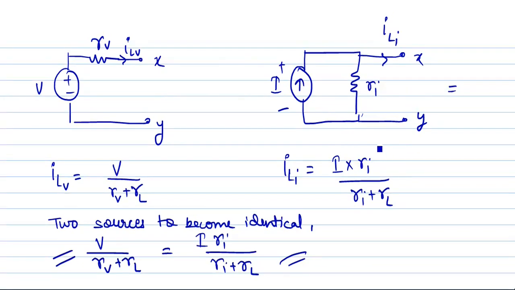See here, the voltage across the terminal XY of the practical current source is V equals I into Ri. So here we will get V equals I into Ri for this current source, and now we will substitute this value in the equation that we obtained by equating those two currents. That equation was V upon Rv plus RL is equals to I into Ri upon Ri plus RL.